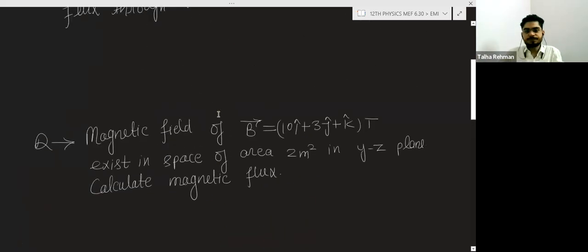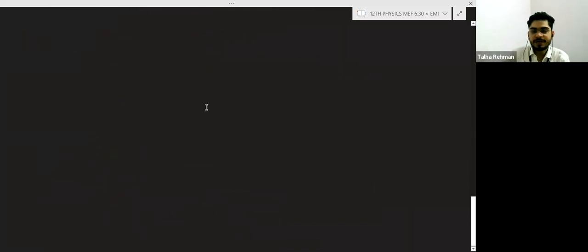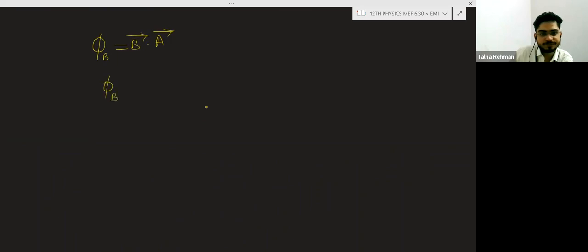So what is the formula for the magnetic flux? Magnetic flux is equal to B dot A, and magnetic flux is also given by BA cos theta. And what is theta? The angle between the area vector and the magnetic field vector.